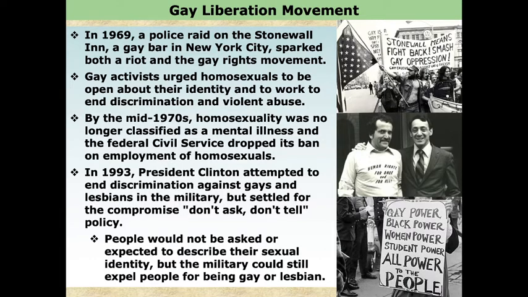So gay rights activists are going to urge people to open up about their identities and to work to end discrimination and violent abuses against the LGBTQ community. So by the mid-70s, homosexuality is no longer classified as a mental illness, and federal civil service dropped its ban on employment of homosexuals.